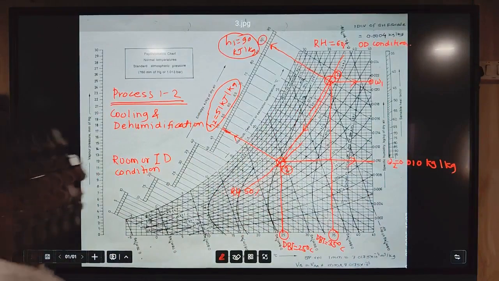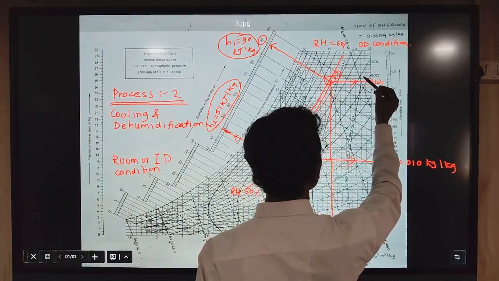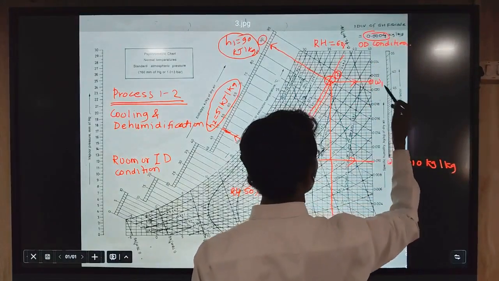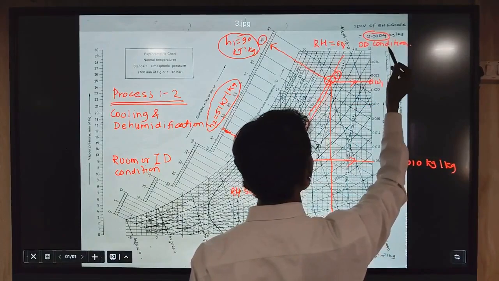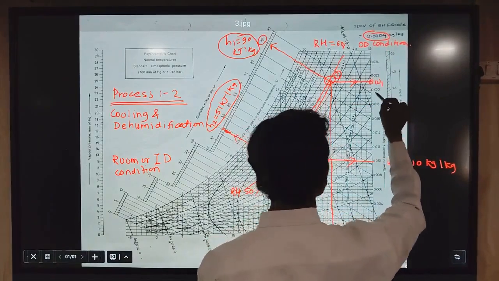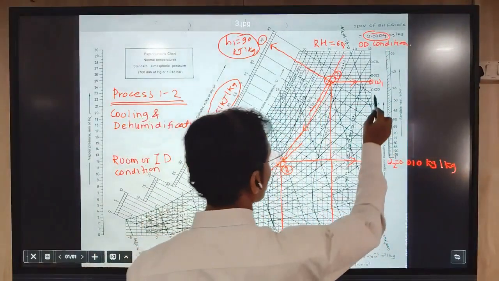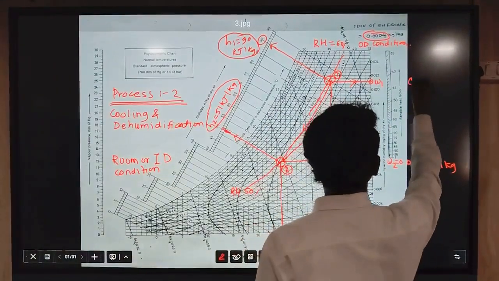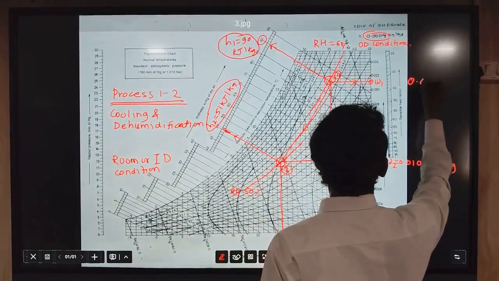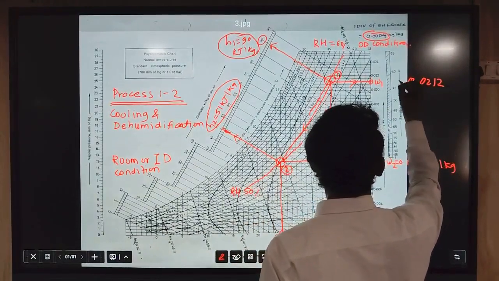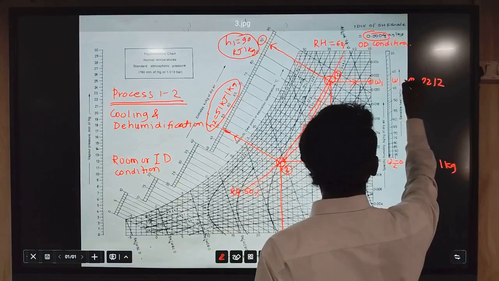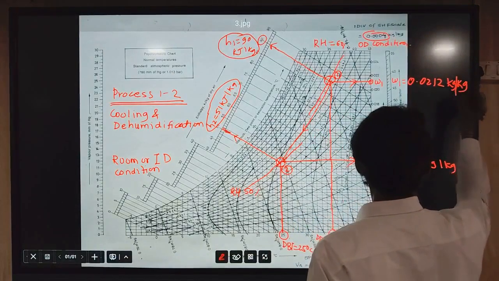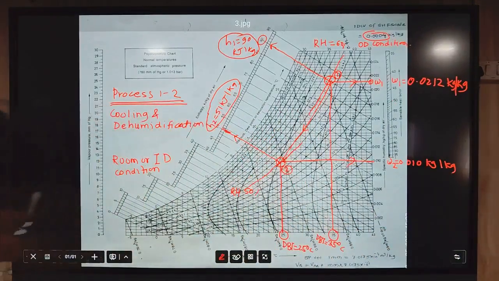One division is 0.0004, so 2 divisions is 0.0008, which we have to subtract from 0.022. So W1 comes to 0.0212 kg per kg of dry air.